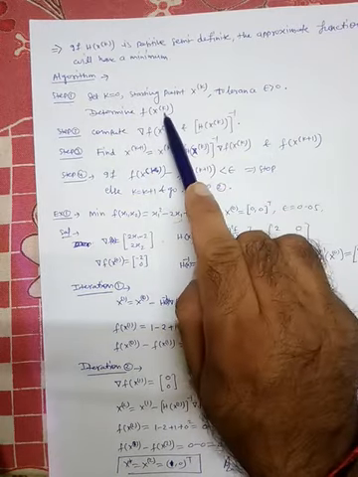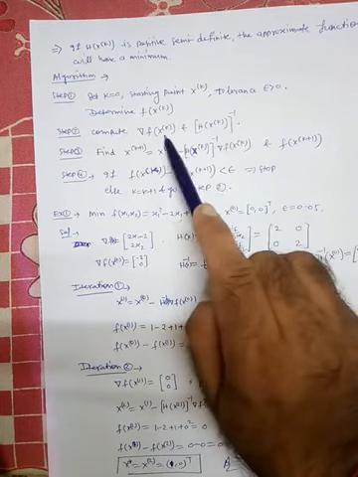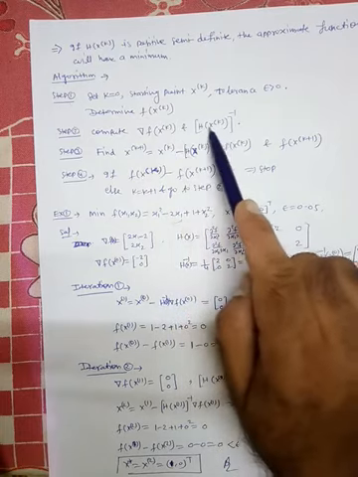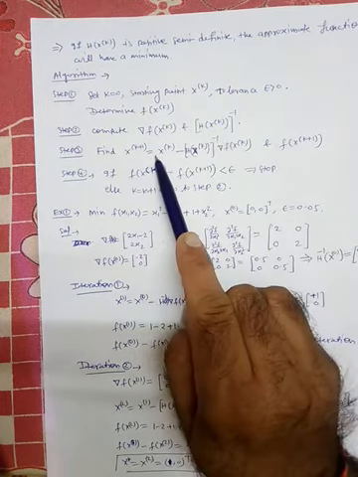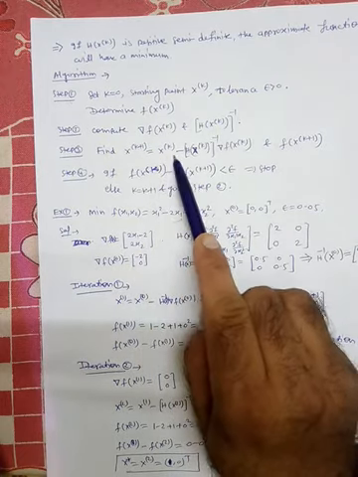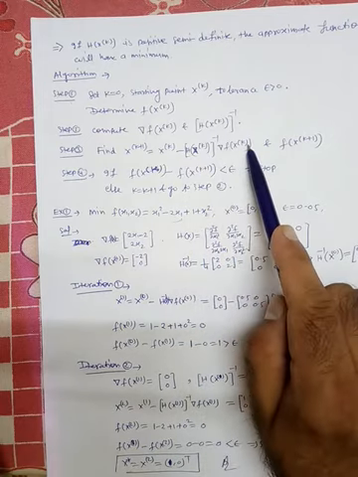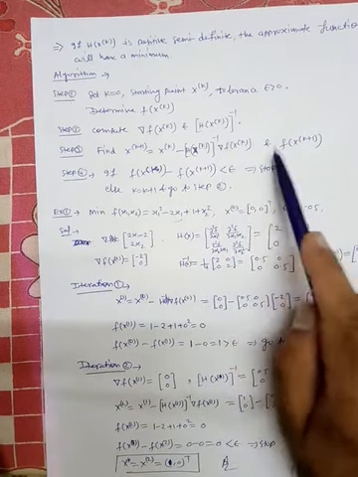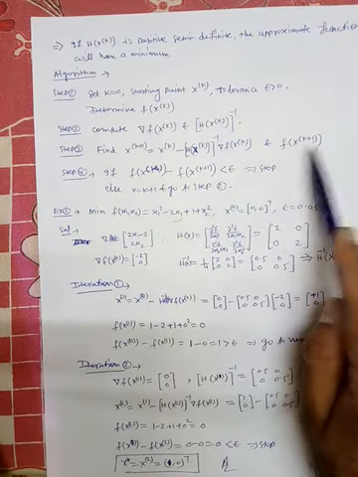Determine f at xk. Compute delta f at xk and h at xk inverse. Find xk plus 1 with the help of this formula, xk minus h at xk inverse delta f at xk. Then finally find the functional value at this point, f at xk plus 1.